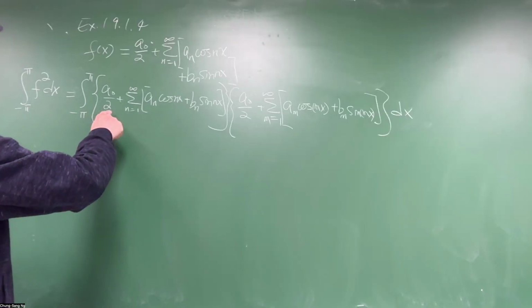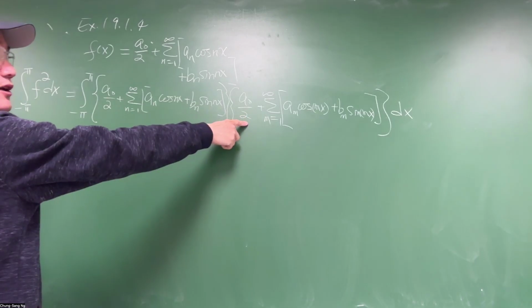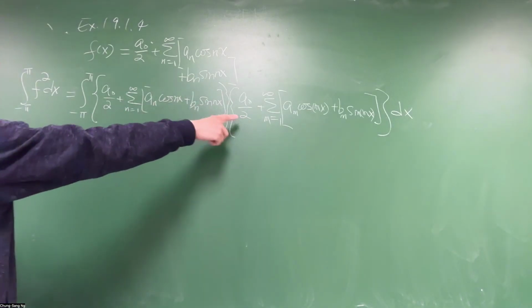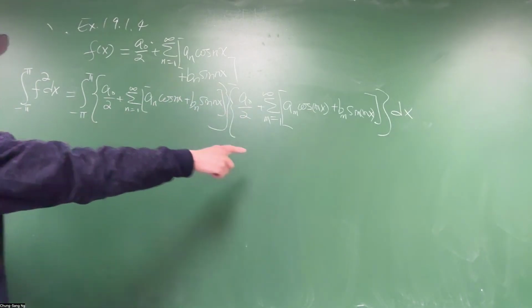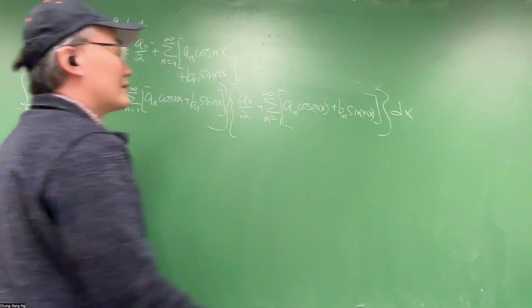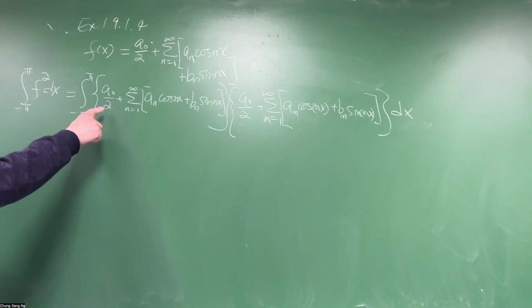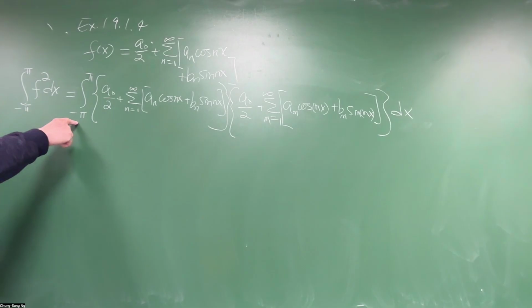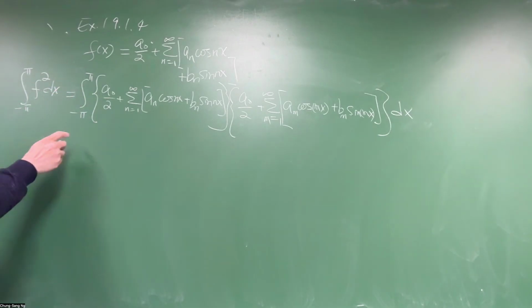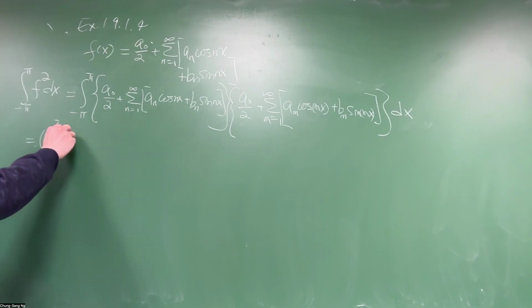So you have the constant term times the constant term, and integrating over x over this period gives a sub 0 over 2 squared, and then multiply by the period. So that's easy. It equals a sub 0 over 2 squared times 2 pi.